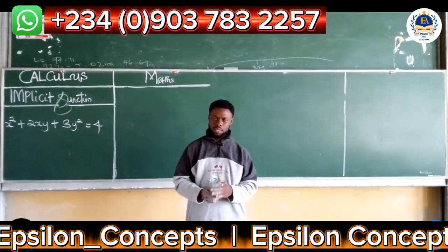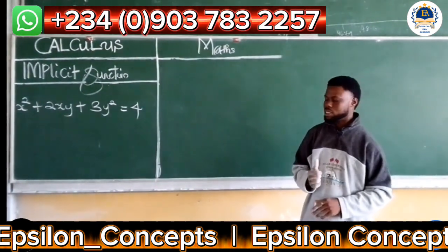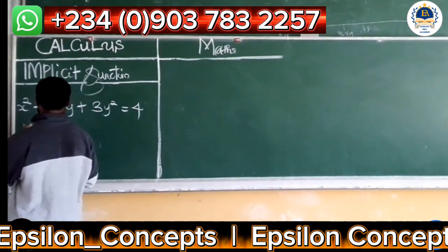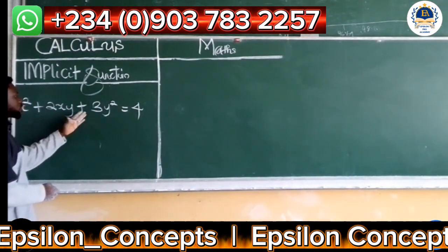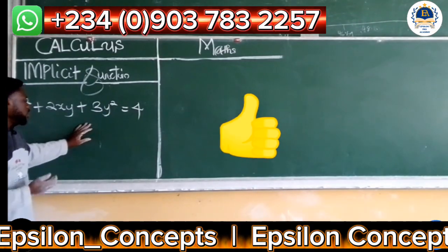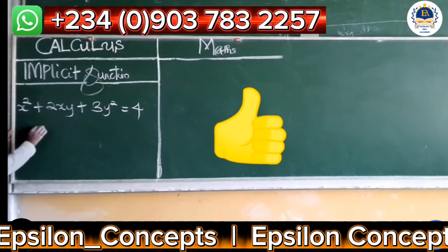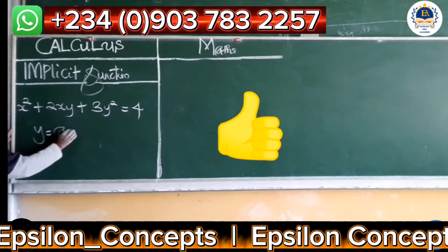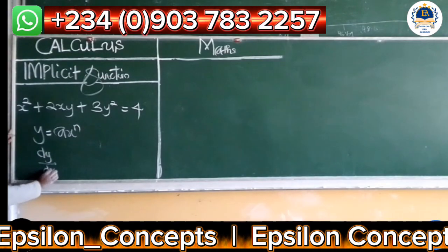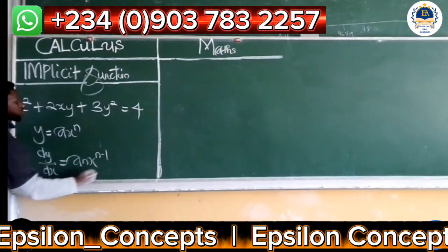Now let's consider this second example on the board. This is quite different from the previous example we did. In the question on the board, we have x squared plus 2xy plus 3y squared is equal to 4. Now, let's record the general formula for derivation, that if y is equal to a x raised to the power of n, then dy over dx should be a n x raised to the power of n minus 1.